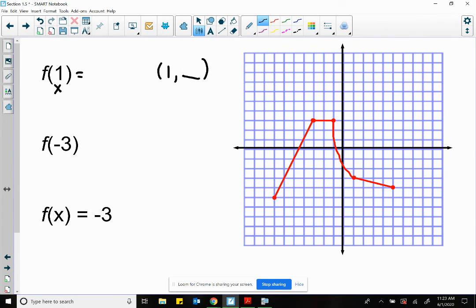So if I go out here and find x is 1, here's where x is 1. What's the y value on the graph? Oh, it's right here. It's at -3. So the answer to this is -3, because that's where the graph is at. 1, comma, -3.